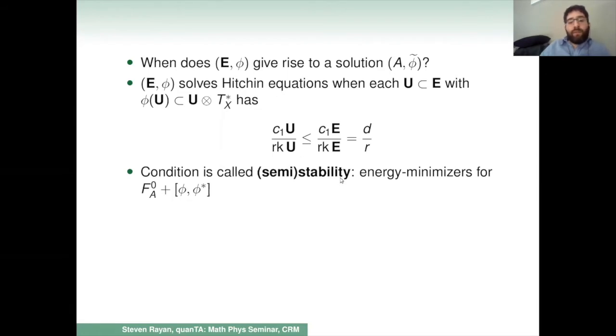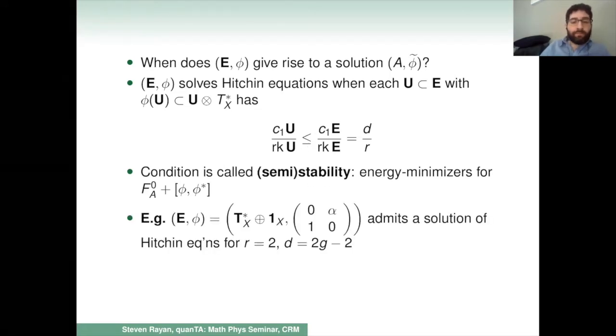You could say that the term stability here is because we're really looking for things that are in the zero locus of this first expression. They're energy minimizers, if you like, for this functional. And the semi here is the case where we're allowing the equality. Stability in the strict sense is when we don't have the equality.